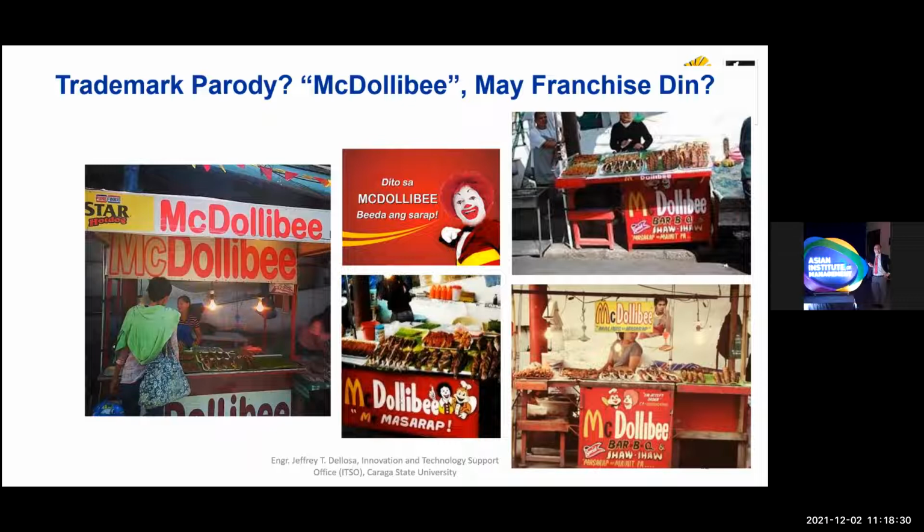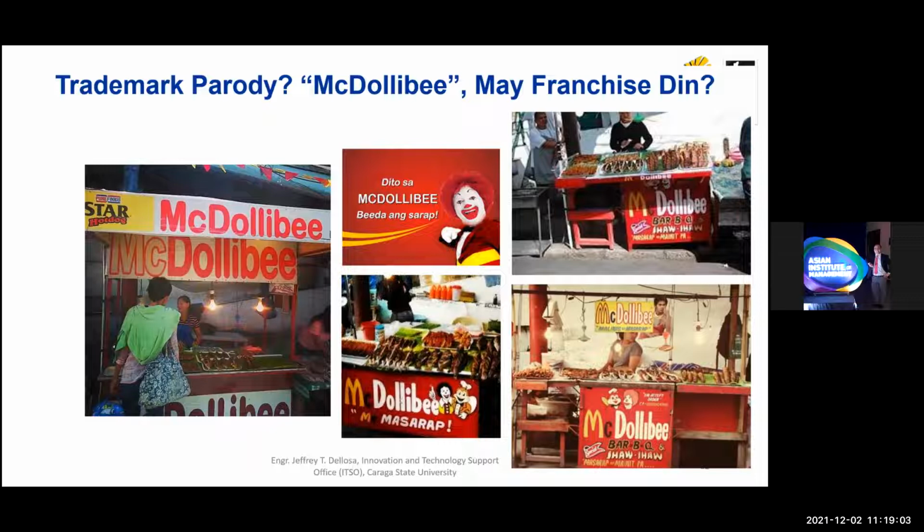I'm not sure if this is very close to the trade names of McDo and Jollibee. Although McDo and Jollibee may go after them, I don't think they pose a serious threat to Jollibee's business or McDonald's business, because most of these guys are selling barbecues, chicken barbecues or pork barbecues.